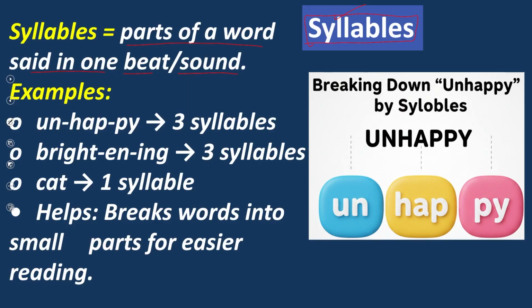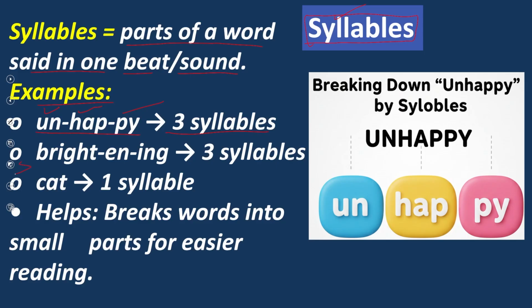The basic beat of any word is called a syllable. Now, look at the examples. The word is unhappy. If we divide its beats or sounds, this word will be divided into three beats: un-hap-py. So this is a three syllable word.